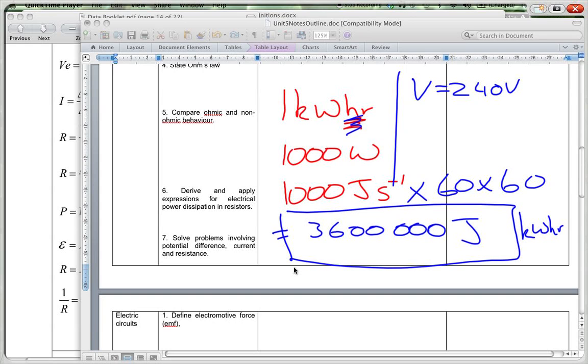I'm using 240 because my power rating here was 2,400 watts. Therefore, according to the formula that power is equal to VI, I can work out the current going through here. Because it's 2,400, this is 240, that must be 10. So I have got a 10 amp current, which is quite a large current.